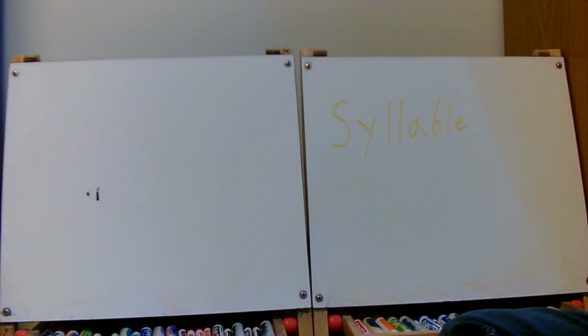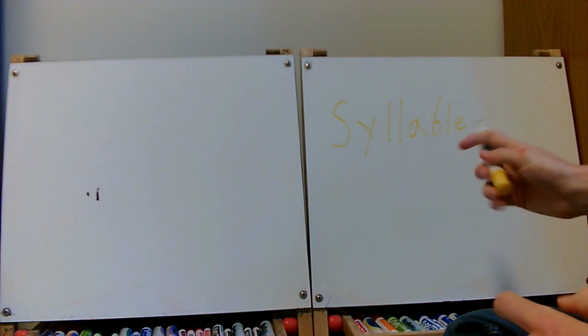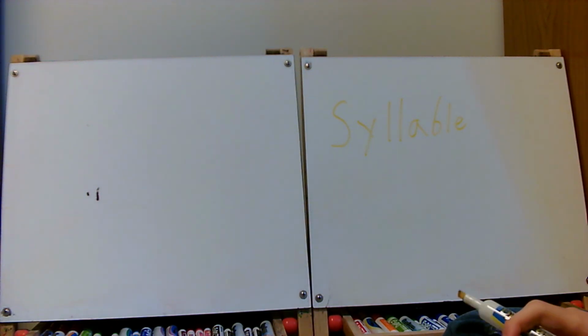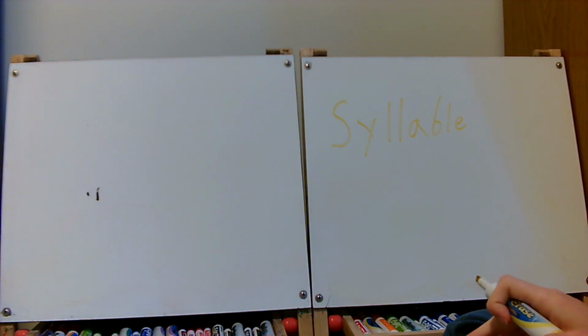So, we are going to talk about syllabification, and I'm going to demonstrate something on the word syllable. Syllabification is putting a word into its syllables. I think it might actually just be syllabification or something.